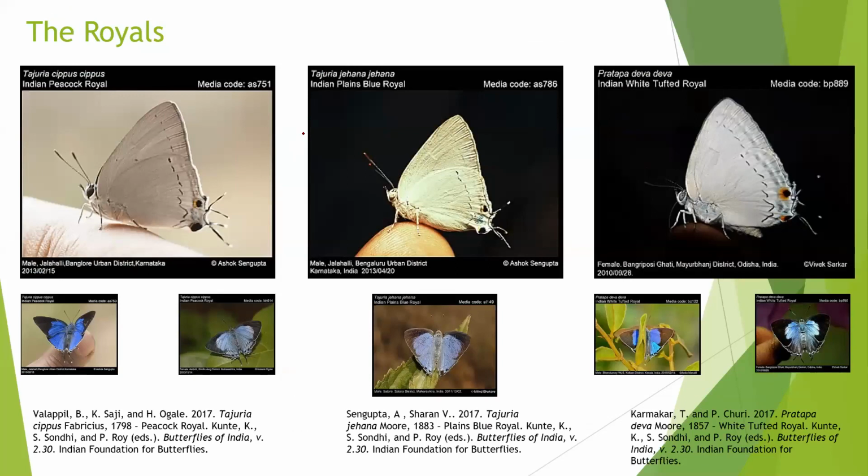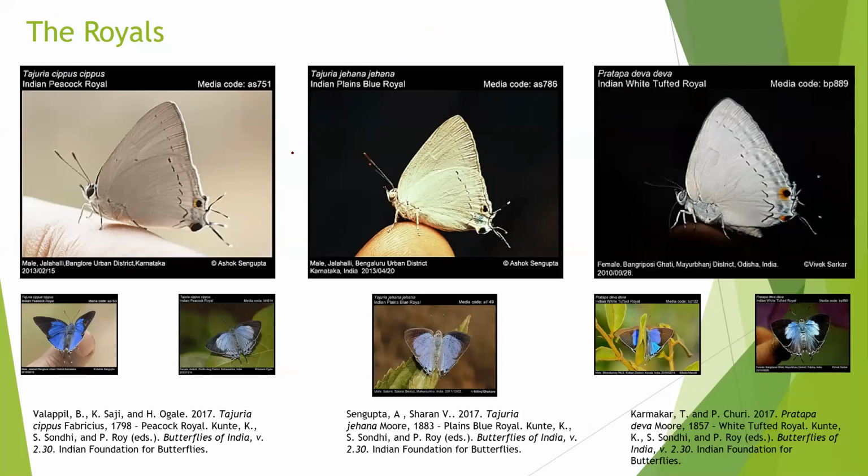There is a spotted royal also, which looks like the common Pierrot. If next time you search the internet, you search for spotted royal, you'll see how beautiful that royal is. It's very rare. Only a few reports from Western Ghats. There's a royal called branded royal, which is also as rare as the spotted royal. And there's a banded royal, which is much commoner than the other two royals.